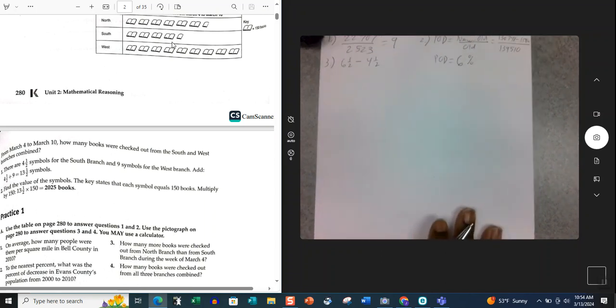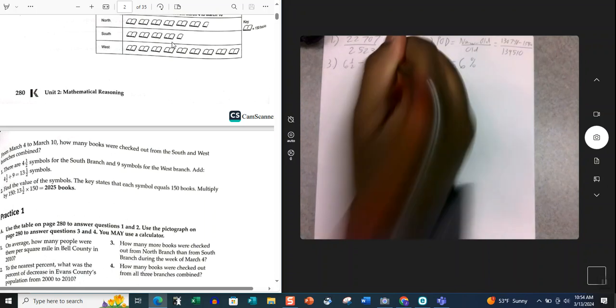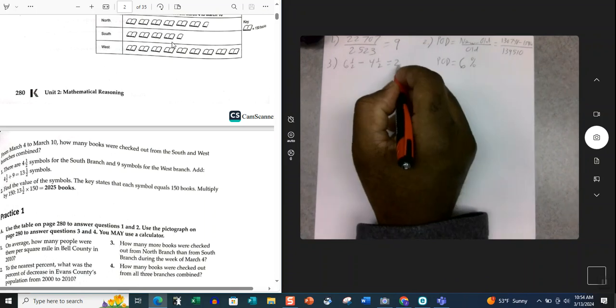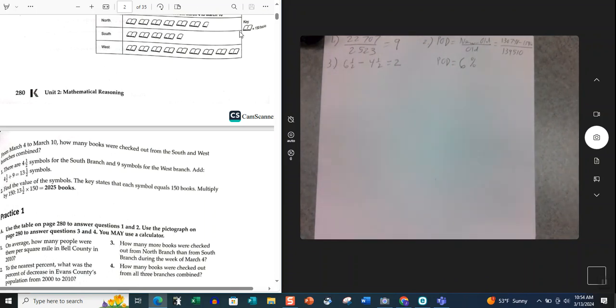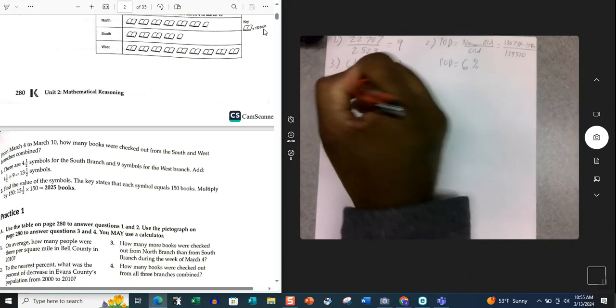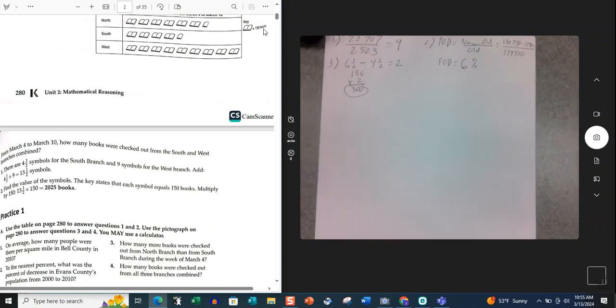Now, 6.5 minus 4.5, we should know that's 2. All right, now remember, each one of these is 150 books. So we'll take 150 times 2, so that'll be 300. So that's how many more were checked out from the North Branch than from the South. So it'll be 300.